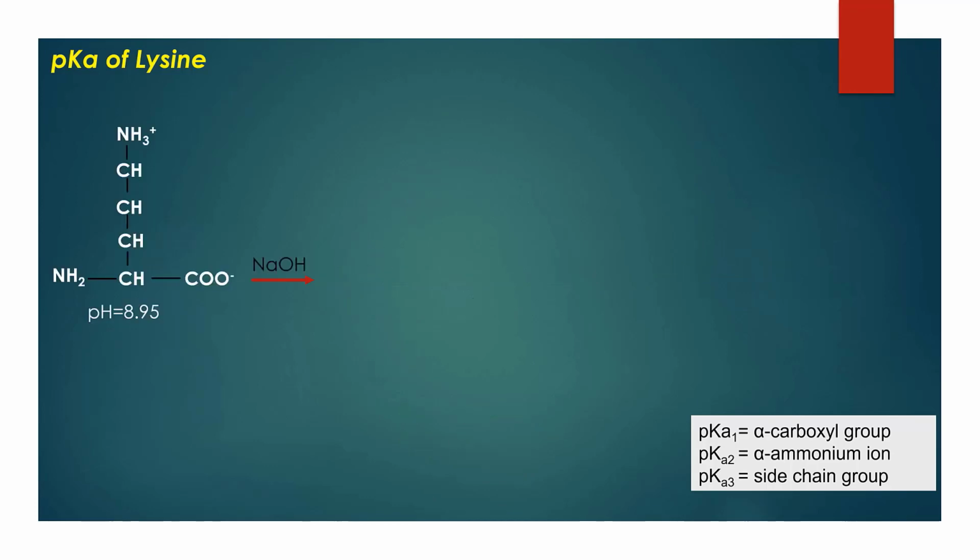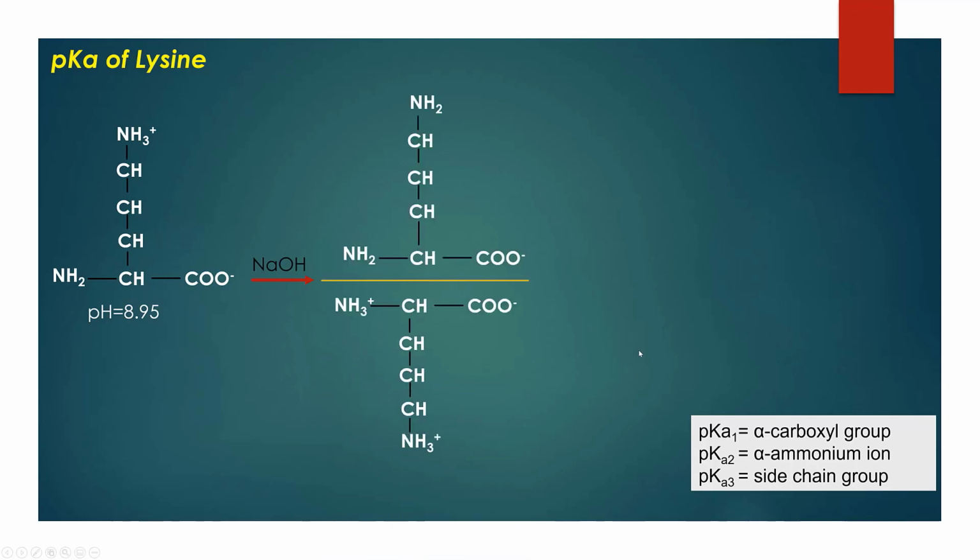Then again, increasing pH by adding more NaOH to the solution, a state comes when half of the ammonium ions of the side chain dissociate their hydrogen while half remain. This state is known as pKa3, and it happens at pH 10.5. So all amino acids which contain an ionizable side chain have 3 different pKa values.